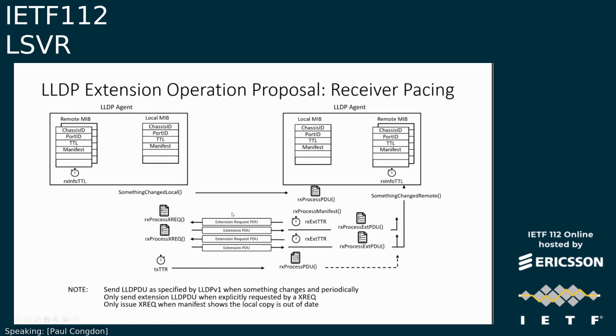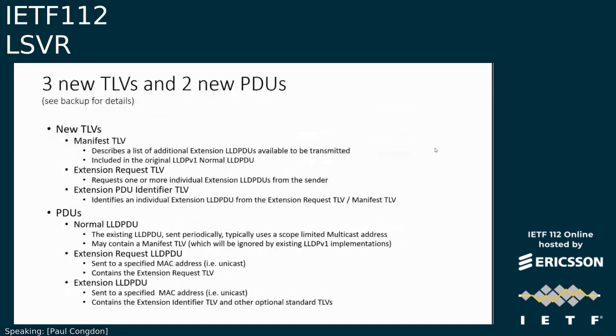And if nothing's changed in your extension database, then nothing happens. On the other side, he just refreshes that basic information. So it's a pretty simple protocol extension that we did. In doing it, what we had to do was define 3 new TLVs and 2 new PDUs, or LLDPDUs.